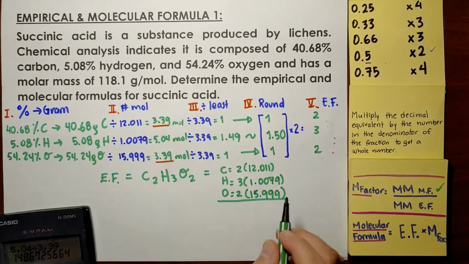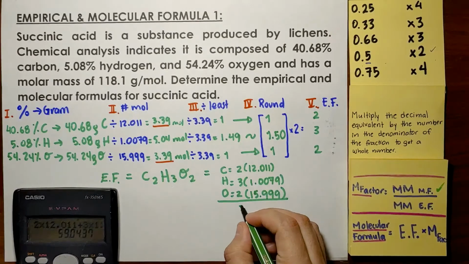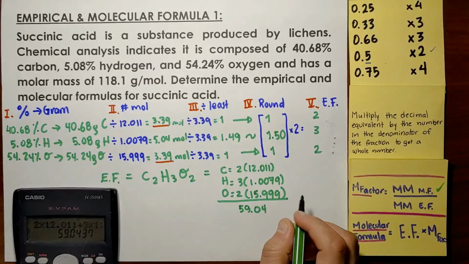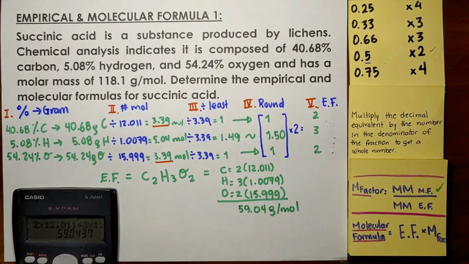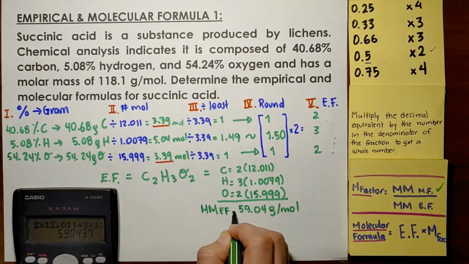This gives me a molar mass of 59.04 grams per mole. This is the molar mass of my empirical formula.